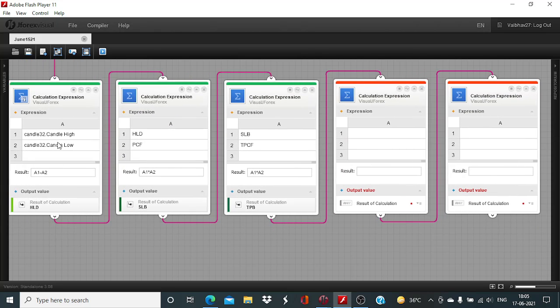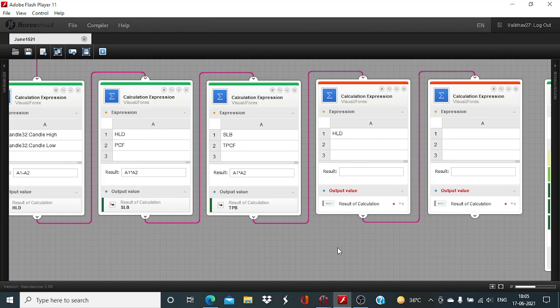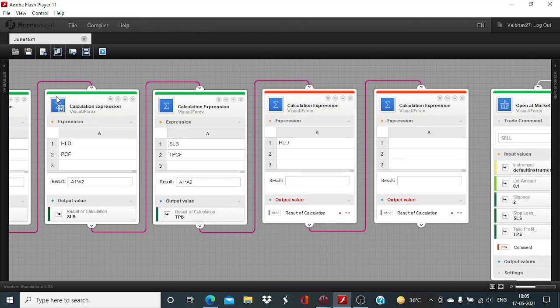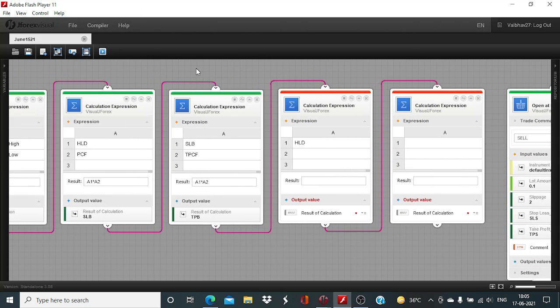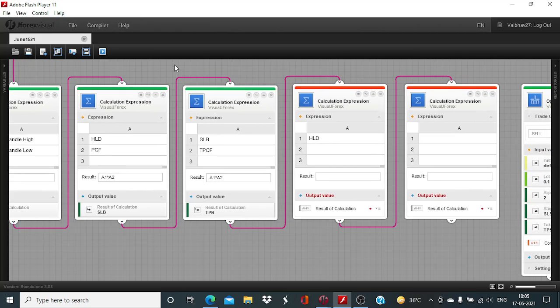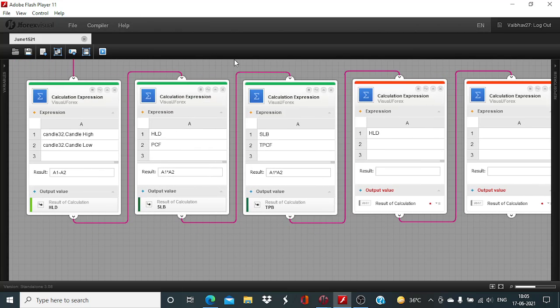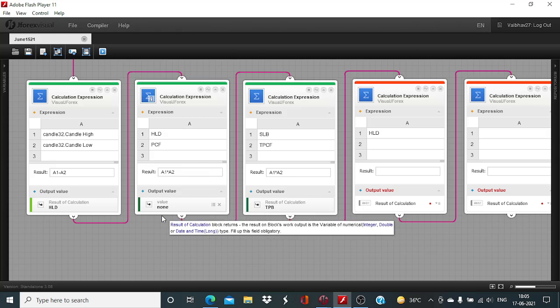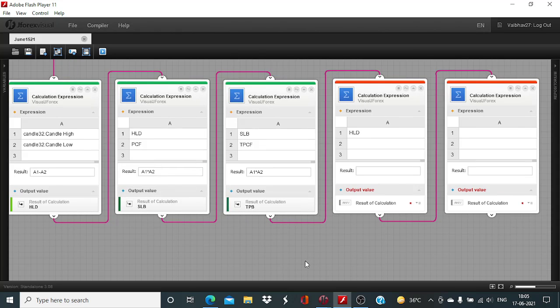This difference of last hour's candle high and candle low will be our stop loss. I think even if we directly had used this value, even that might have sufficed.